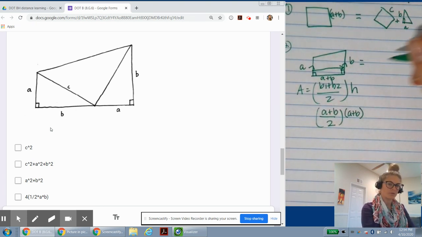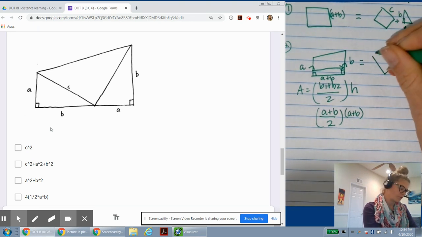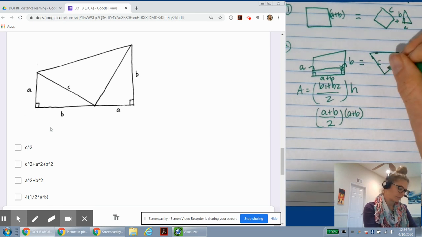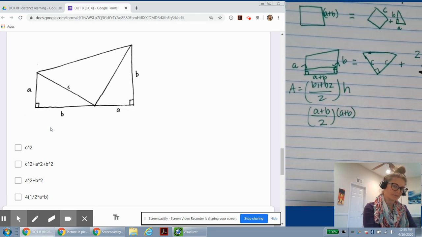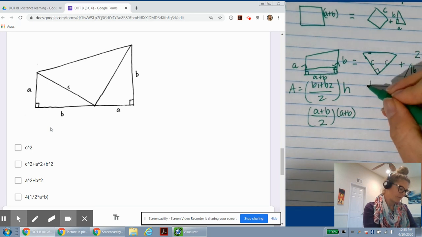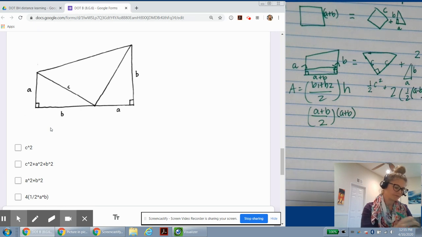And that's going to be equal to, we have one triangle here that is a right triangle, C and C. And then there's 2 of these other right triangles with leg lengths A and B. So this is going to be 1/2 C times C, which is C squared. And this will be 2 triangles that are 1/2 A times B.